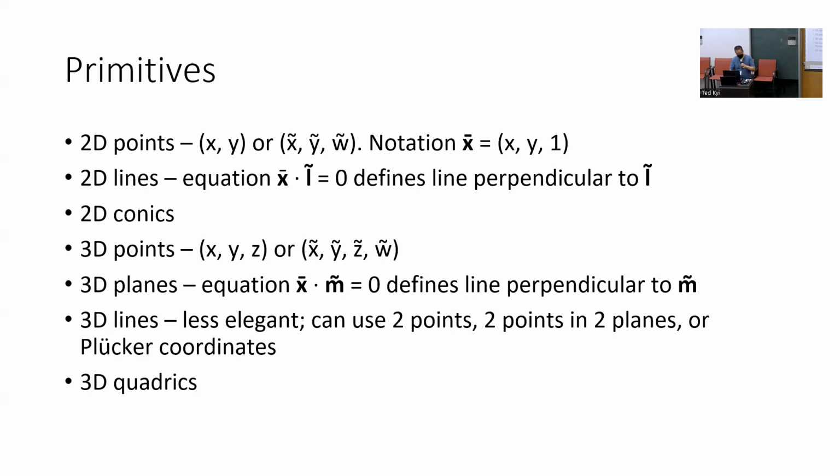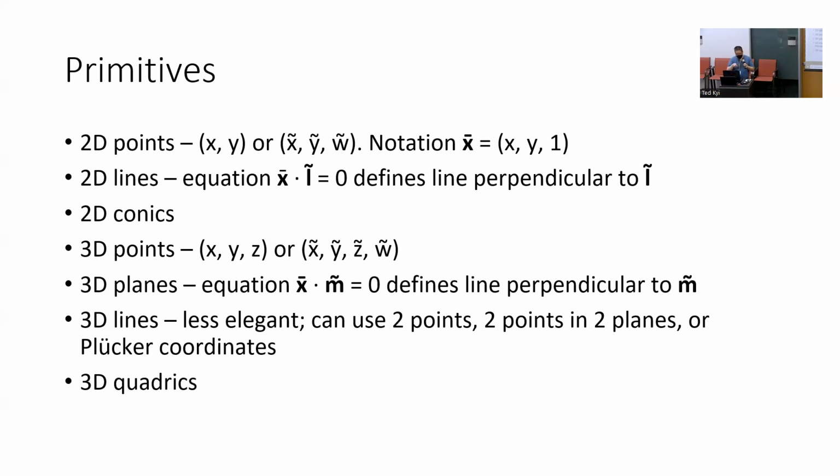One of the ways they parameterize lines here is that if you take the dot product of a point x bar with a homogeneous coordinate L squiggle, that basically defines a specific line.